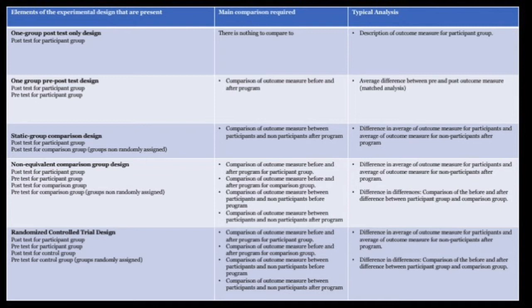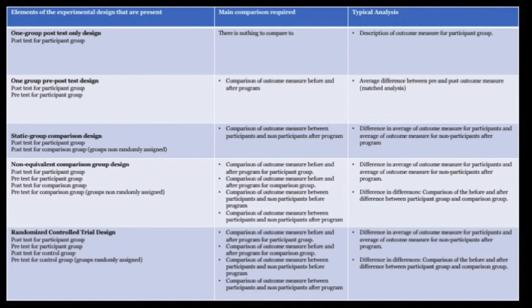When you have a non-equivalent comparison group design, right? This has pre and post for both the participant group and the control group or comparison group. You can do lots of comparisons there, right? You can compare the outcome measure before and after for participants. Then you can compare, or you should compare, the outcomes before and after for non-participants, right?